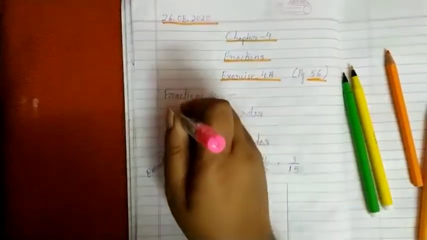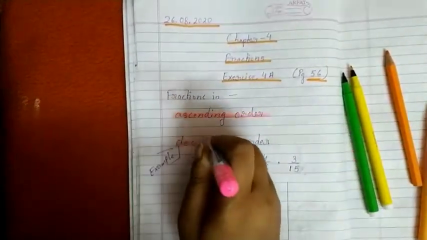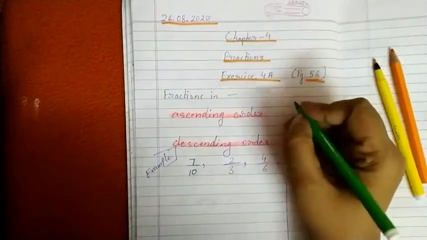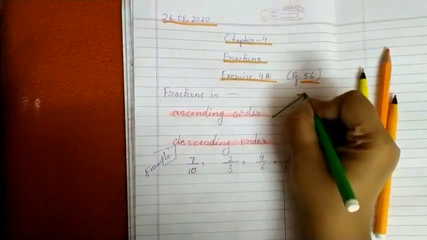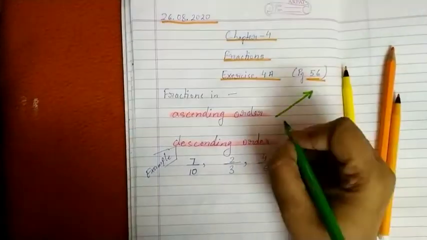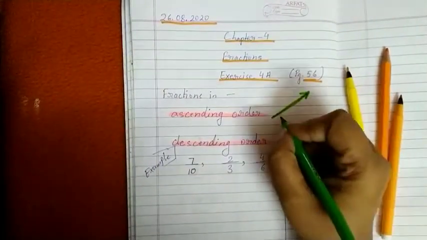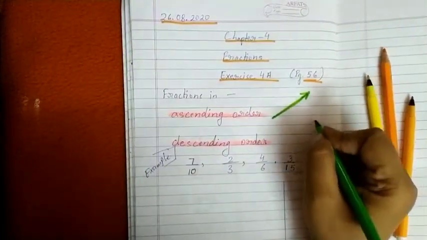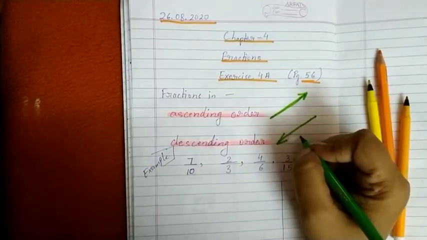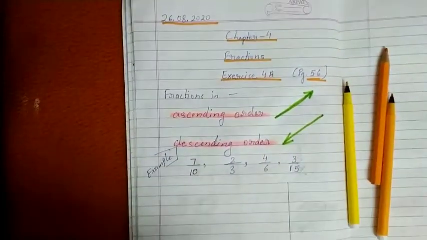Ascending order means, children, when we go from a smaller to a bigger number. Yes, when we go up, that is ascending order. And when we come down, it means descending, bigger to smaller. This much is clear to everybody.